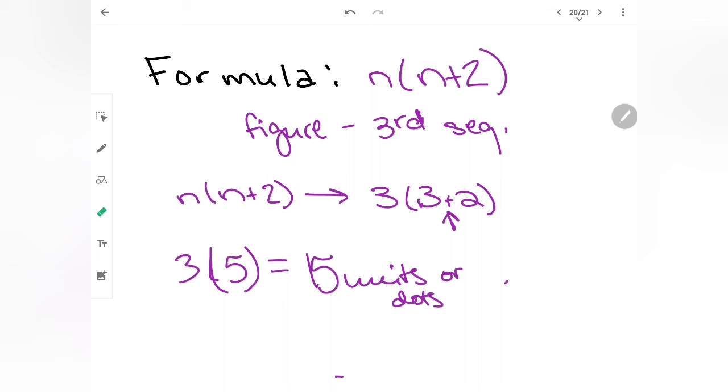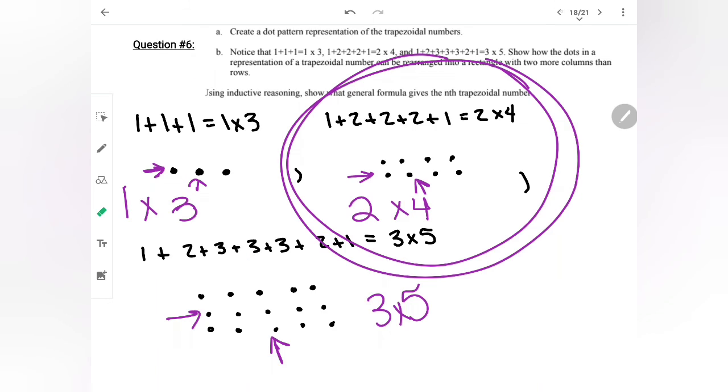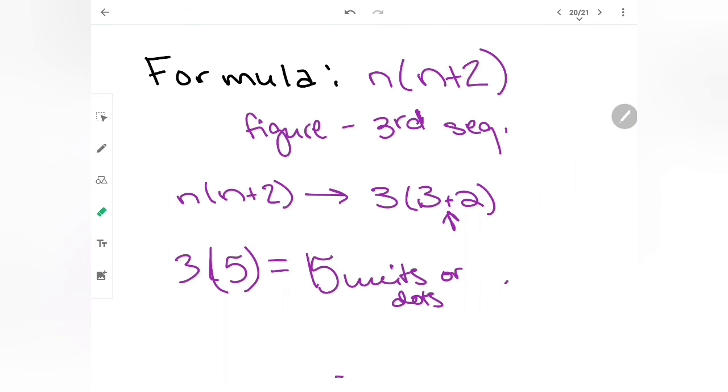Our figure is not a 2 by 4 figure. It is actually a 3 by 5, which means that we're going to write down 3 by 5, and that should be it for today, guys.